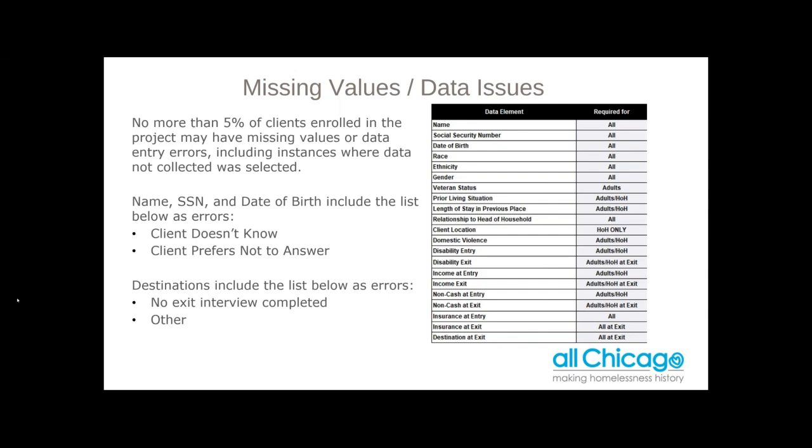If a client just leaves and you really don't know what happened, no exit interview completed would be the most accurate thing to choose. Previously, if you chose other, thinking that was a better option, based on the HUD definition it still falls within not a desired answer to choose.